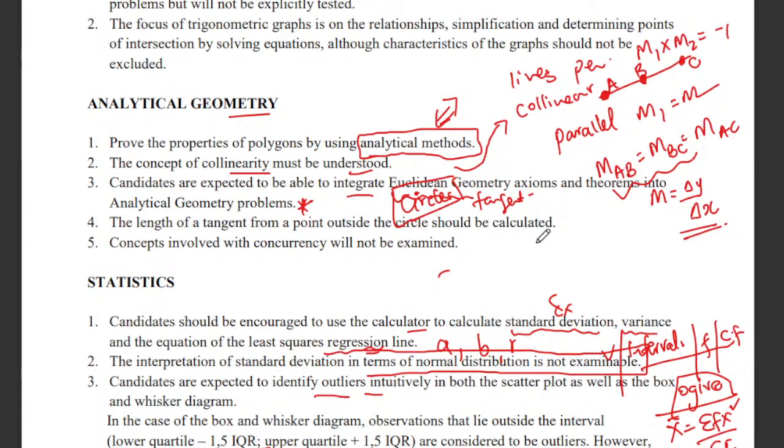At times you can be given two tangents and you know that tangents from a common point will be equal, or you can be given things that deal with the tan chord theorem. We should remember that. Then the length of a tangent from a point outside of a circle should also be calculated. Concepts that deal with concurrency will not be examined. So that is fine. Let's look at the sample questions under analytical.